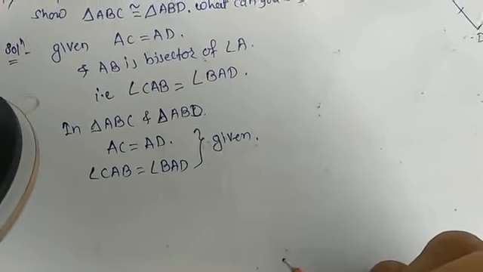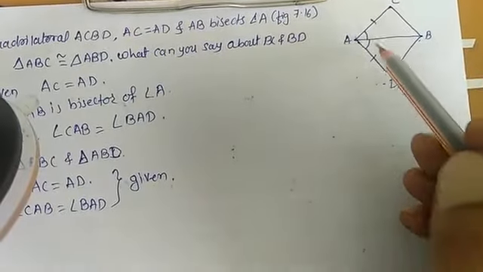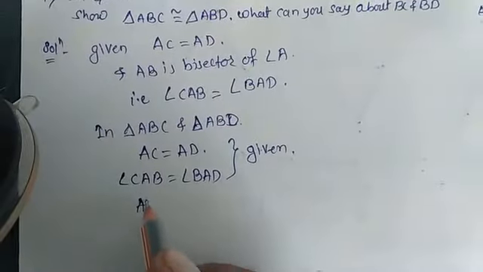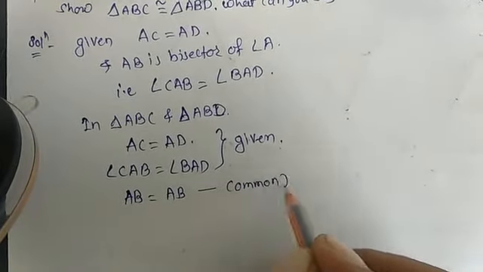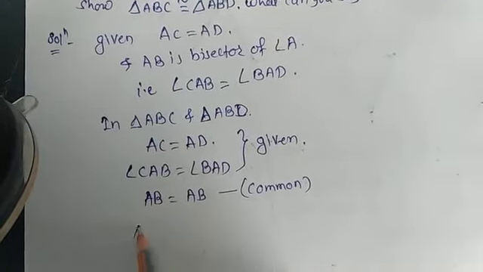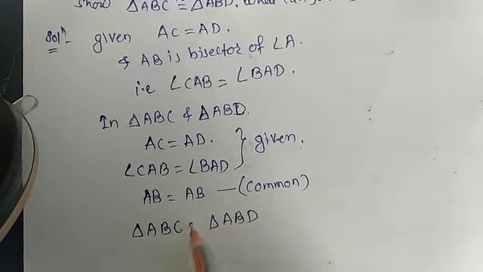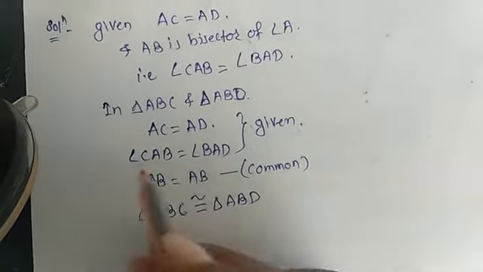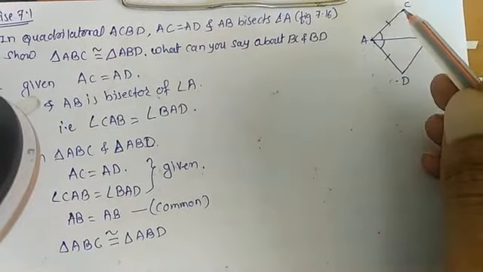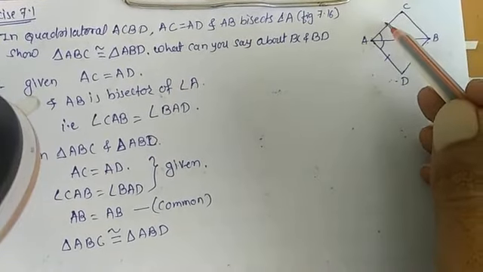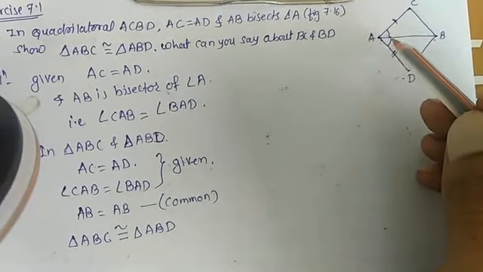Now here in triangles ABC and ABD, AB is common, so AB is equal to AB. So these two triangles ABC and ABD are congruent because two sides and the included angle are equal: AC is equal to AD, AB is common, and included angles are also equal.